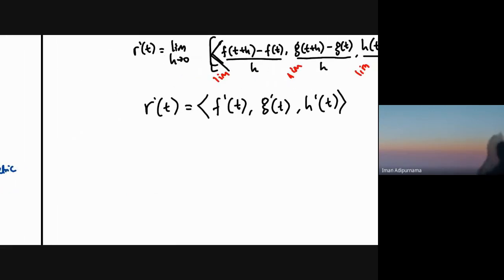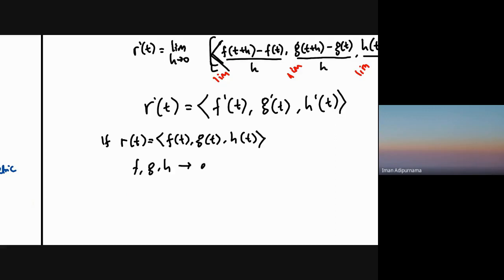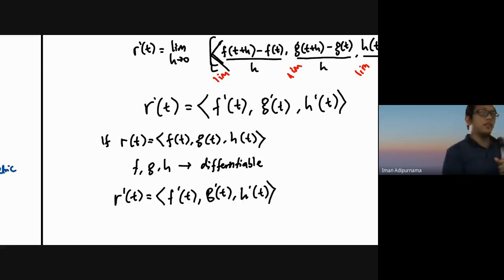So the first theorem for the derivative: if you have an f, g, and h, it's supposed to be differentiable. We can write the r prime as just this. Okay. So this is the summary.